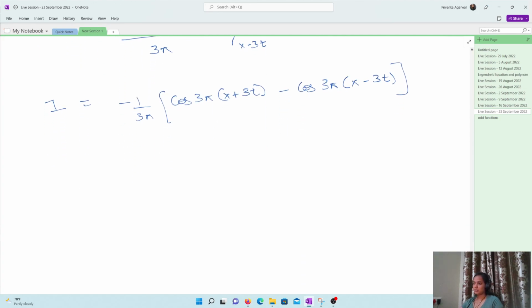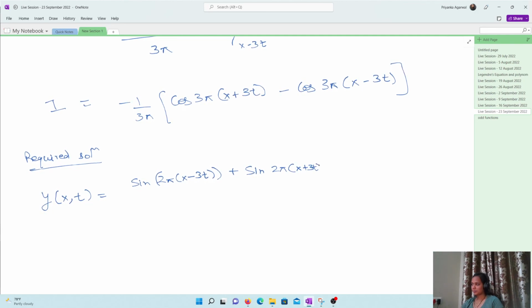So the final required solution becomes y(x, t) equals [sin 2π(x − 3t) + sin 2π(x + 3t)]/2 minus 1/18π times [cos 3π(x + 3t) − cos 3π(x − 3t)].